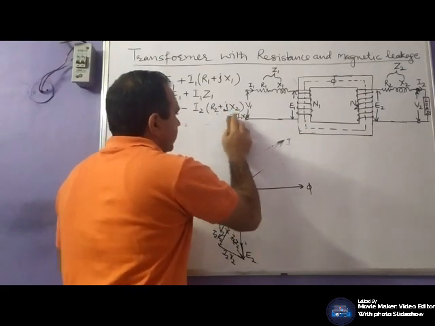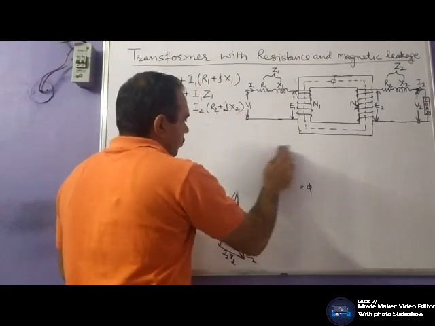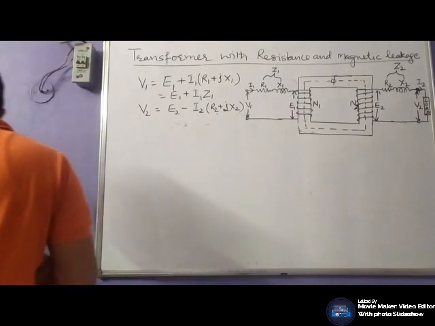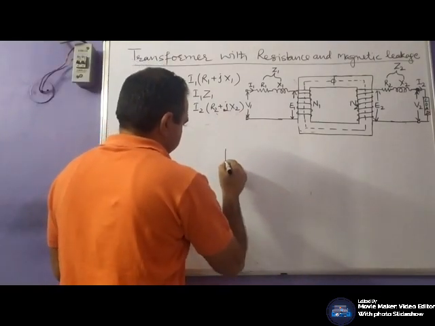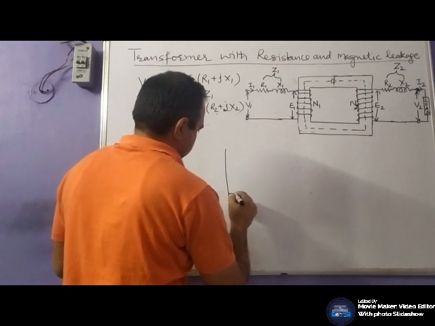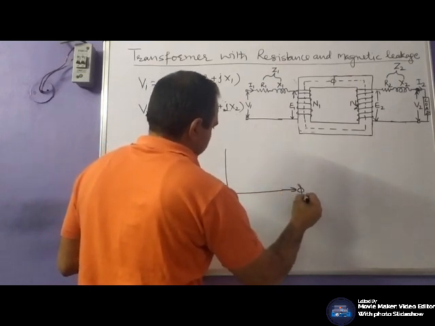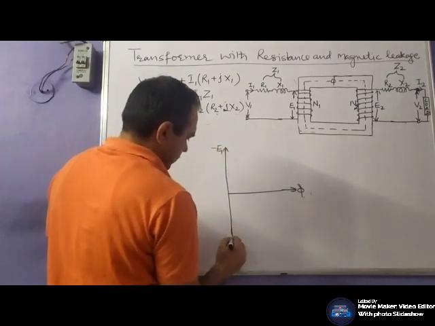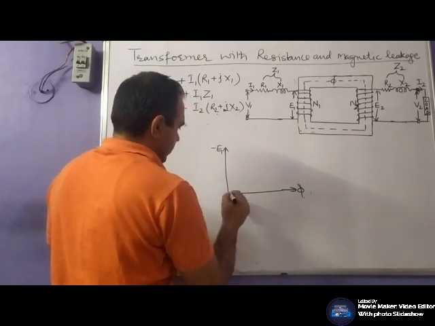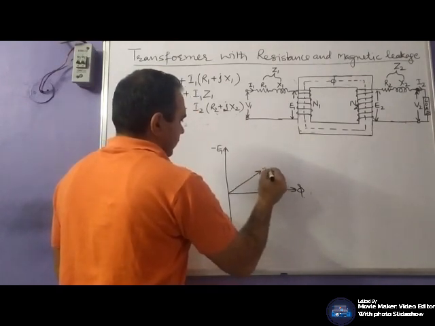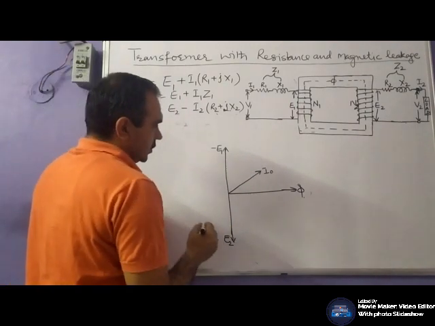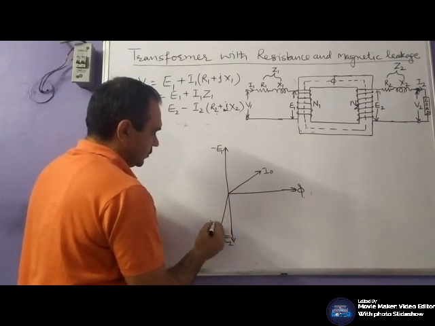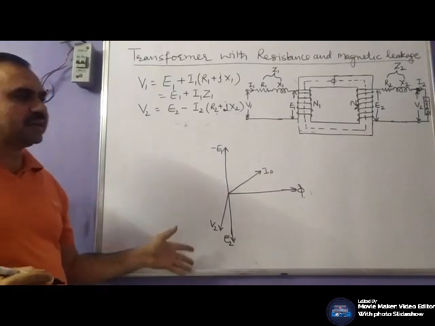Again, first draw the phasor diagram for no load condition. Let this be represented minus E1, which this be E2. Let this be the phi. Now let this be the secondary voltage V2. We have selected it arbitrarily.